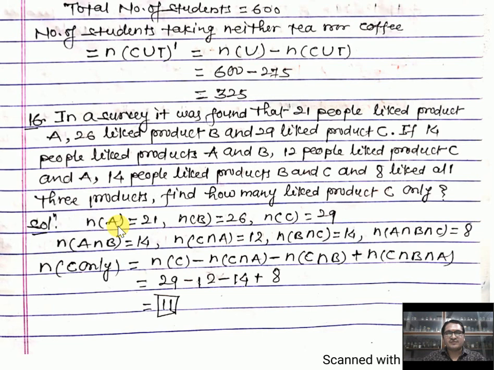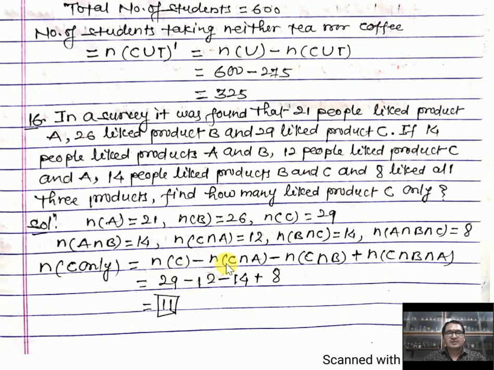So n(A), the number of people who liked product A, is 21. I have listed all the values here, and the number who liked both A and B is 14, and similarly C and A, B and C, and the number who liked all three, A intersection B intersection C, is 8.